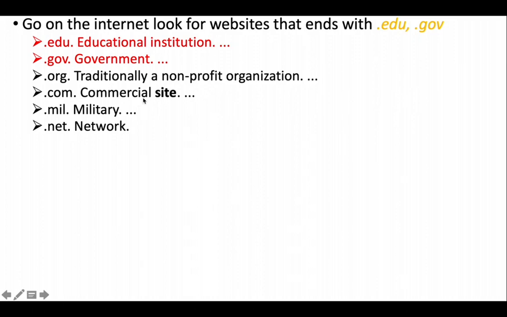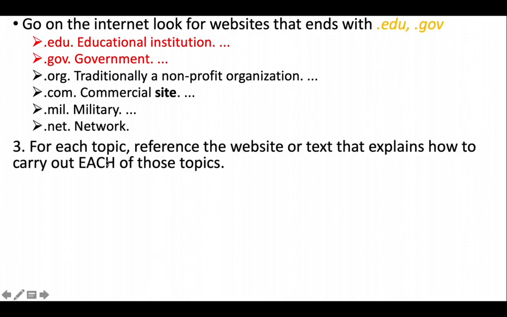Especially the .com, anybody can write information there. It's not based on research. That's why I want you to focus more on .edu websites, because if it's an educational institute, many times the information that you find there is based on research, and we want our teaching to be based on research.